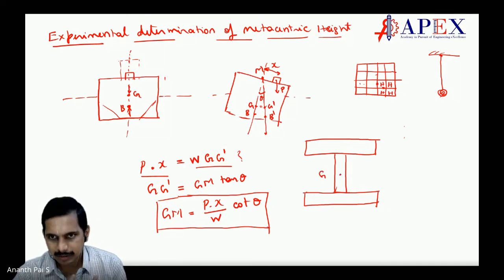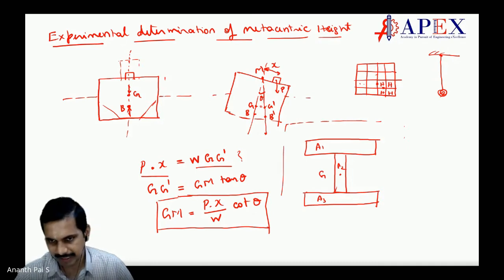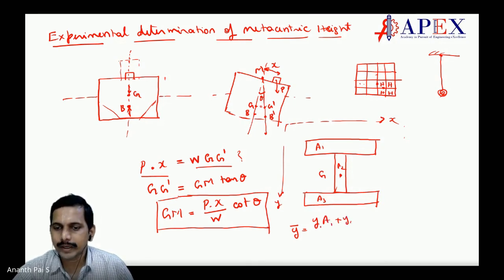You take similar parts and say this is A1, this is A2, this is A3, with respect to a particular axis, say X and Y. So for the center of gravity, Y bar, if I say this is X and this is Y, Y bar is equal to Y1 into A1, Y2 into A2, Y3 into A3, like that, is it not? You can take area, or mass.